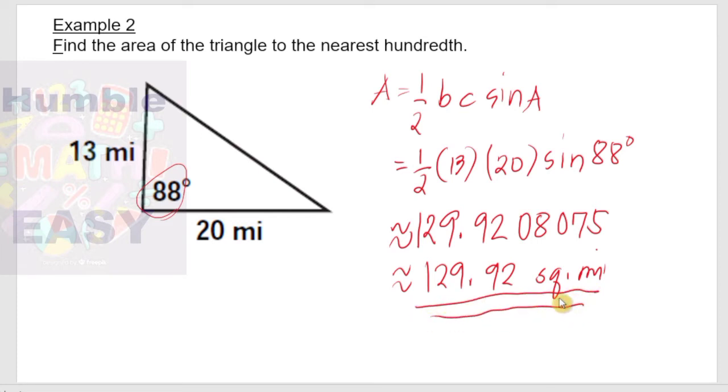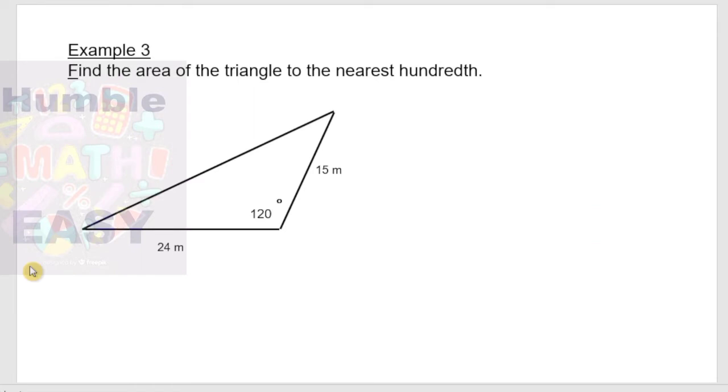Okay, in problem number 3, again we are going to find the area of the triangle to the nearest hundredth. Here we have 24 meters, then 15 meters, and then 120 degrees. As we go on, the 120 degrees is in between the two given sides, and that is the included angle.